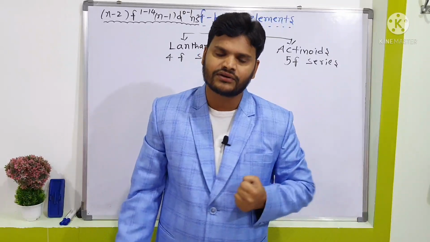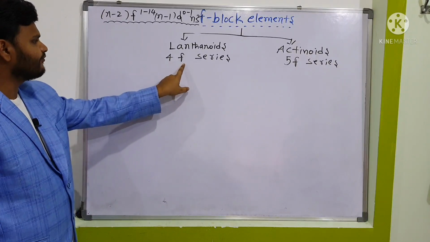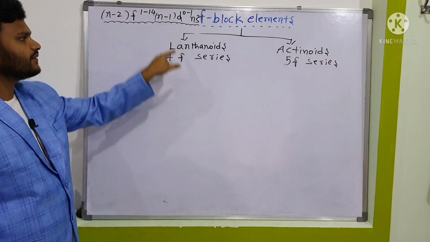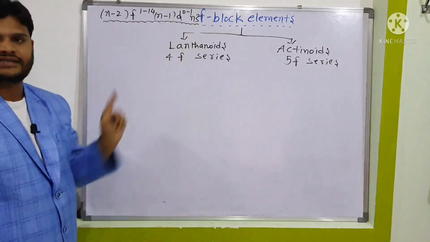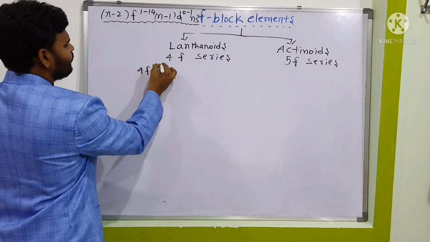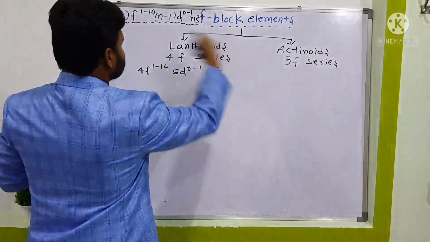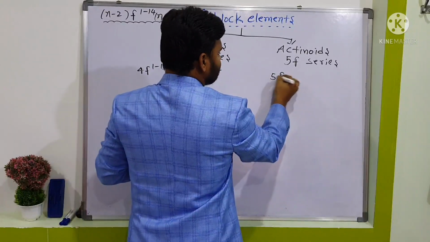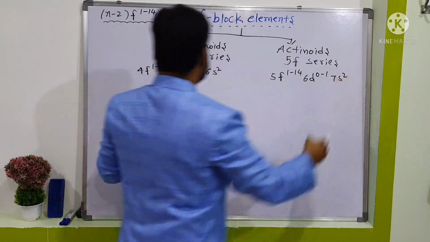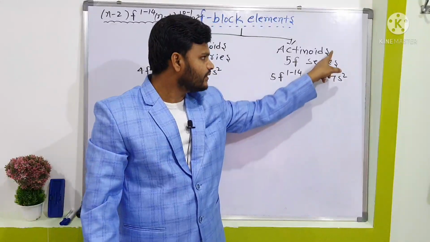Simple logic: you have to start with 4F. n-2 is nothing but 4F, n-1 is nothing but 5D, and n is 6. So it becomes 4F 1 to 14, 5D 0 to 1, 6S2. Same logic for actinoids: it starts with 5F, so 5F 1 to 14, 6D 0 to 1, 7S2. This is the general electronic configuration for lanthanoids, and this is the general electronic configuration for actinoids.